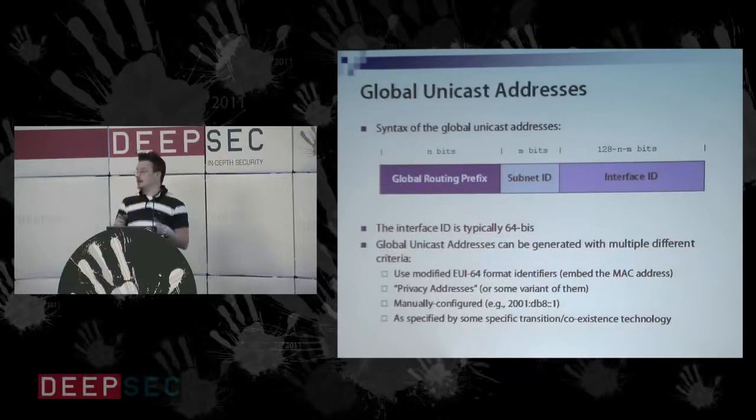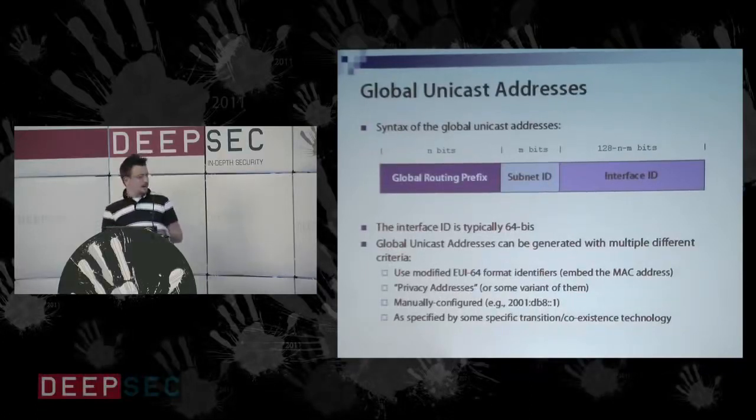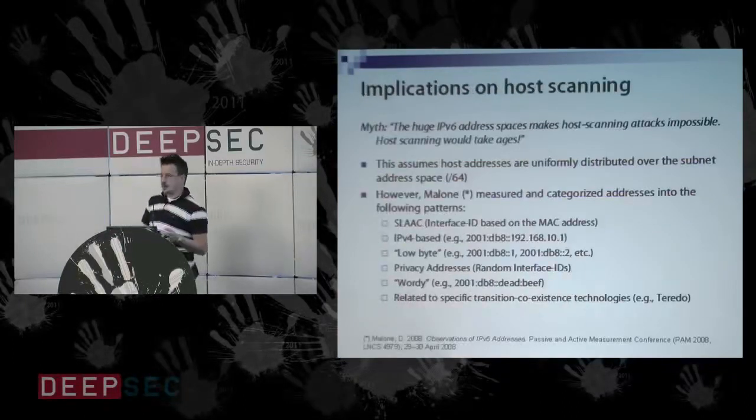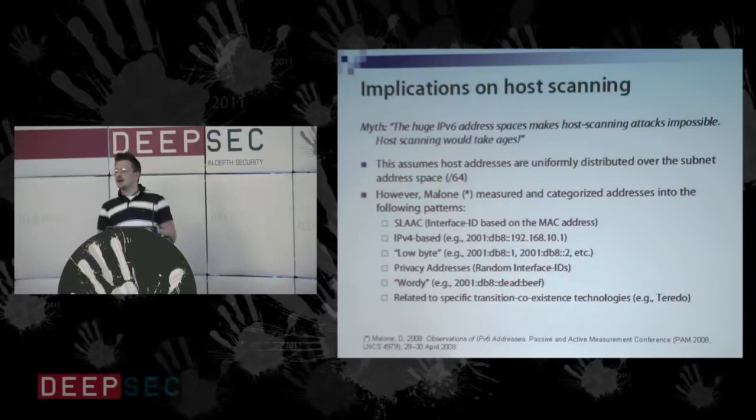For example, you may manually configure an address and end up with addresses in which the interface ID is all zeros except for the last byte. In some systems, the addresses are assigned randomly, so they may be a random number and so on.